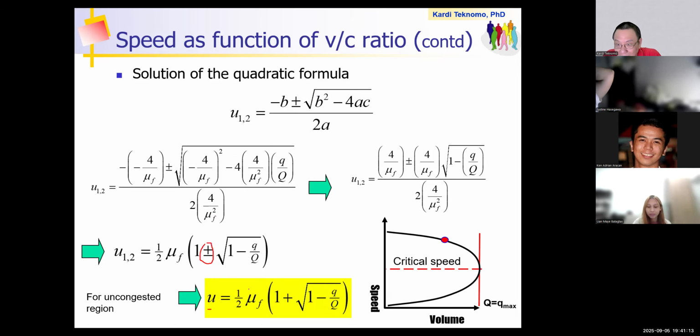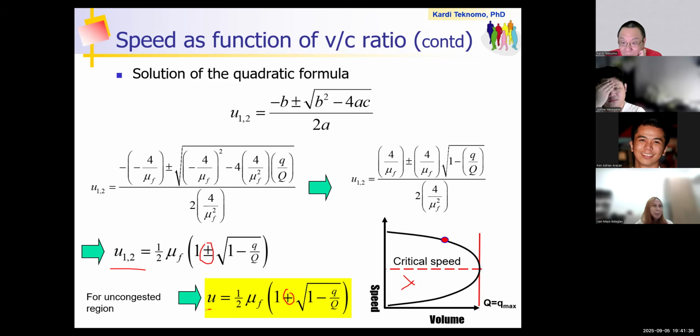So if you solve this quadratic equation, you get this quadratic formula. And I don't use the bottom part here. This is level of service F. So I use only A, B, C, D, E. So in that case, I put the plus sign.